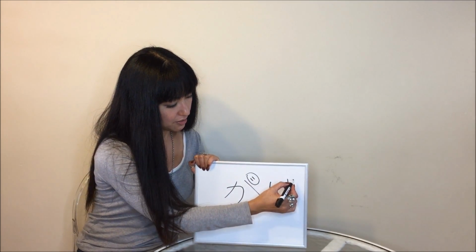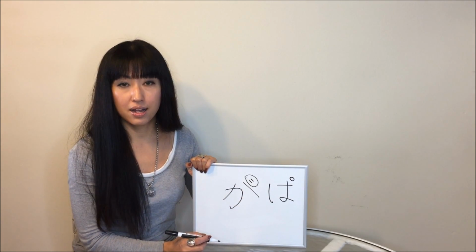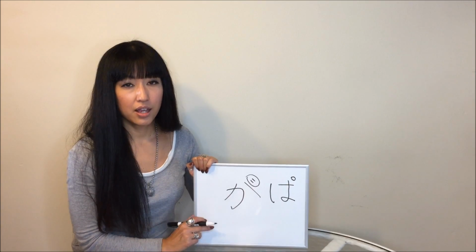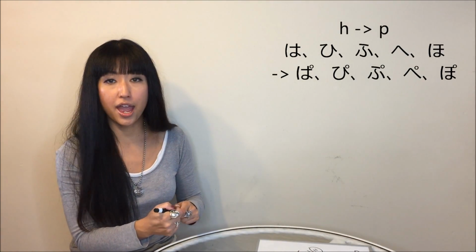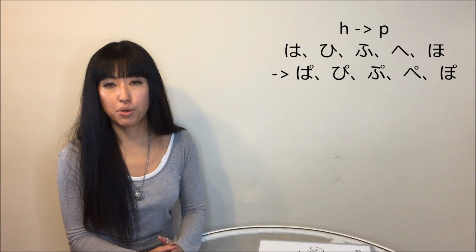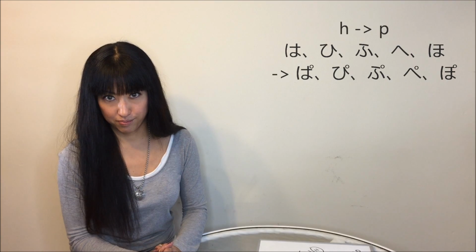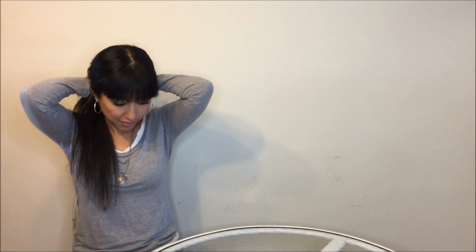If you put the round symbol right here, that's pa, the P sound. So it goes ha, hi, fu, he, ho into pa, pi, pu, pe, po. Two dots and one round. Those are the 2 symbols that I wanted to mention.